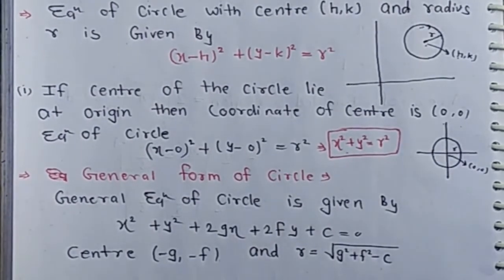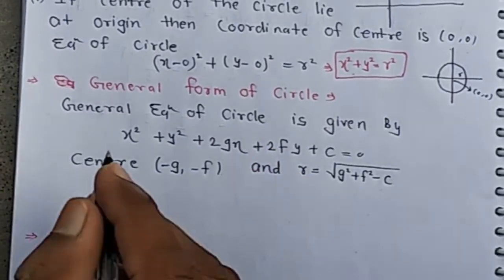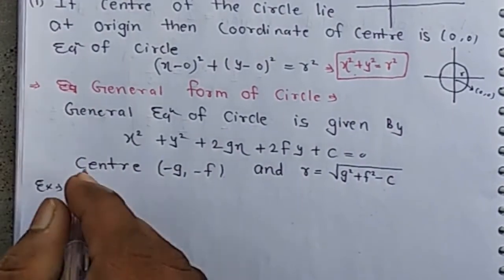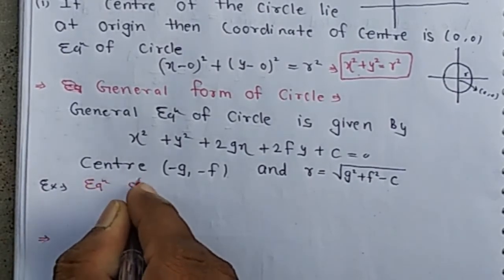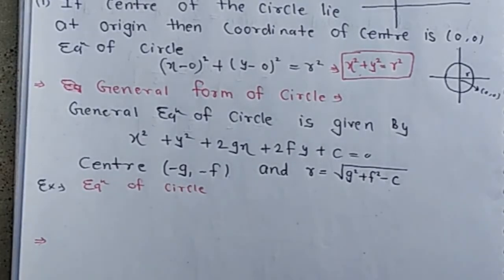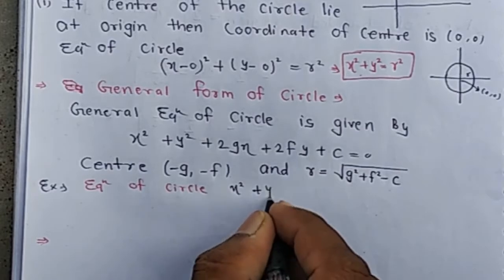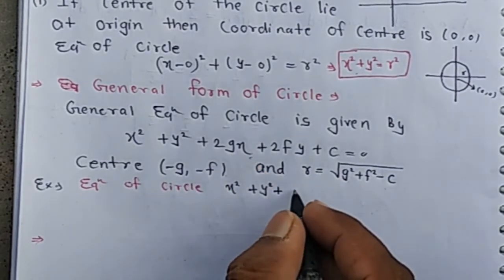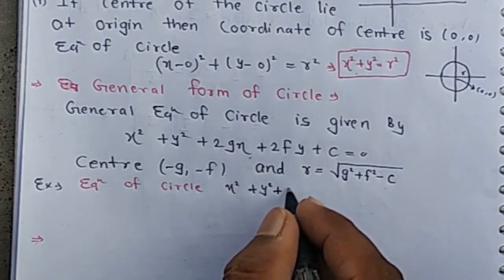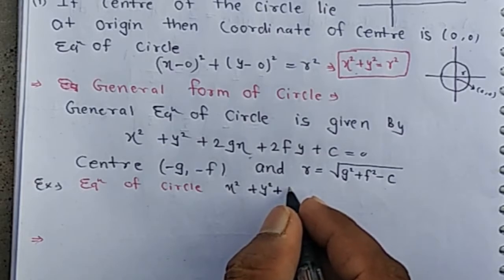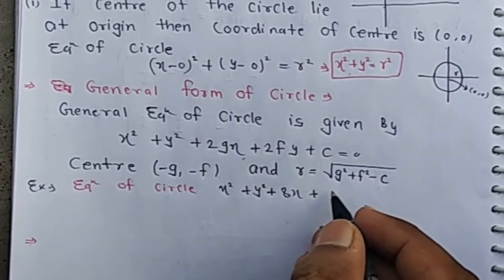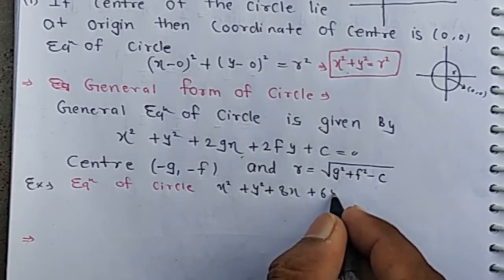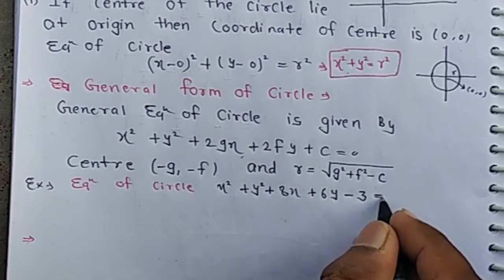Means, for example, if we have equation of circle x square plus y square plus 8x plus 6y minus 3 equal 0.